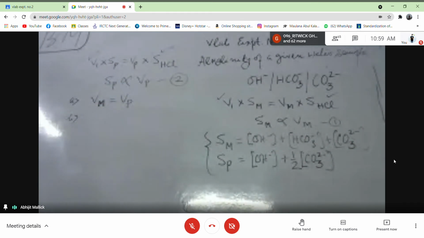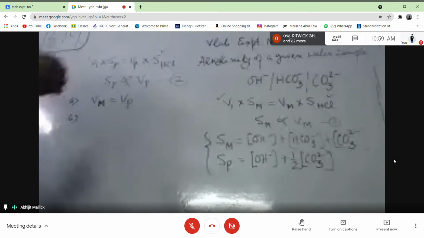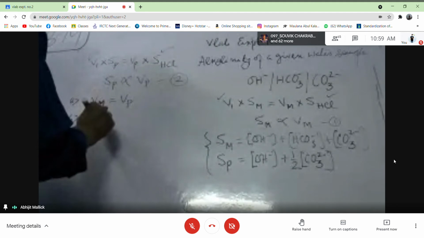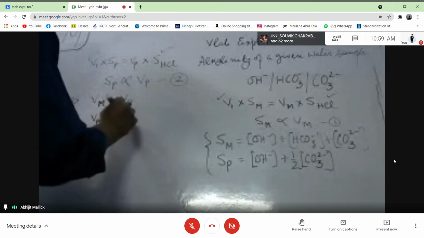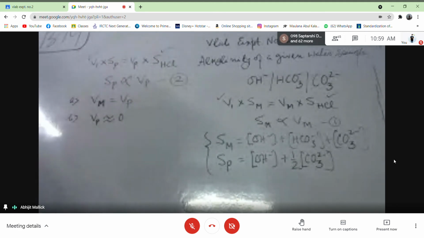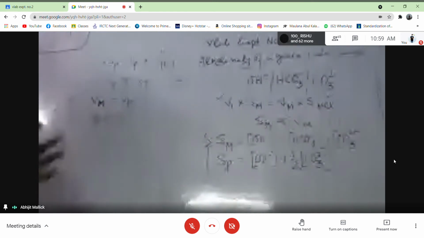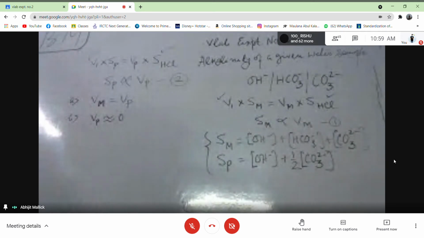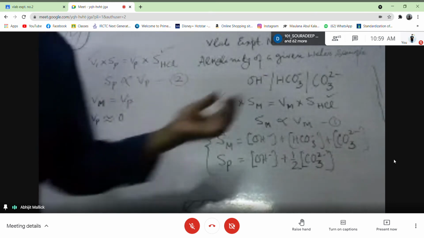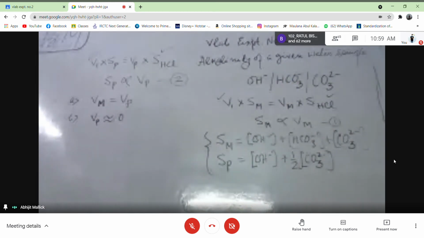SP equal to 0 means, using equation 2, we get VP not exactly 0, but near about 0, say 0.1, 0.2. The color will change immediately, and this indicates that VP is nearly 0, and we immediately conclude that the sample water contains only bicarbonate ion. Nothing else, only bicarbonate ion is present in the sample water.